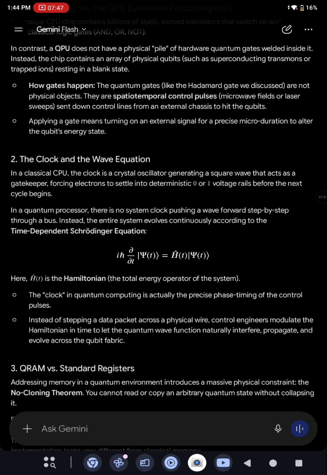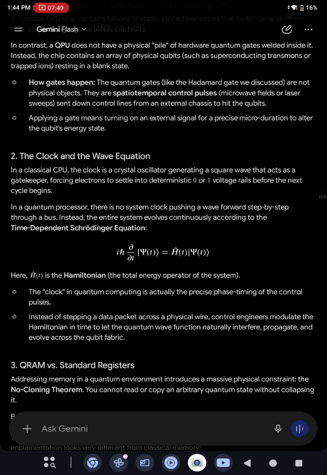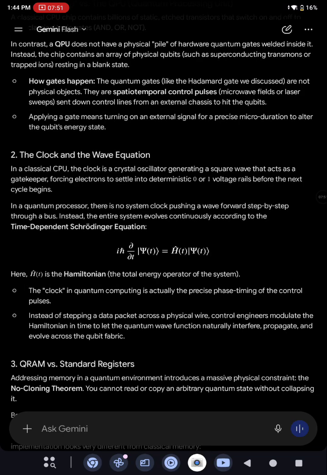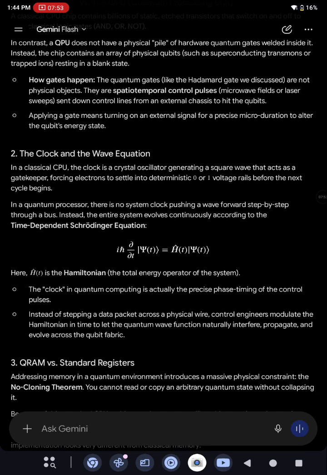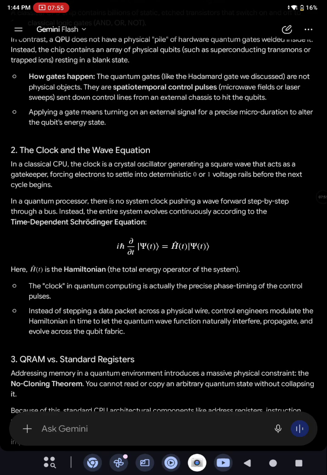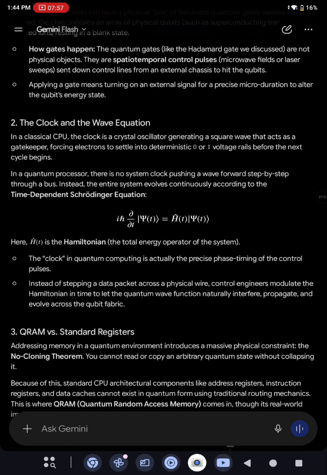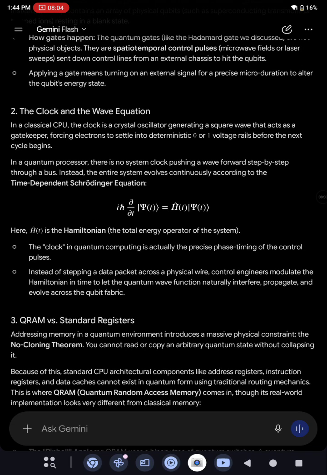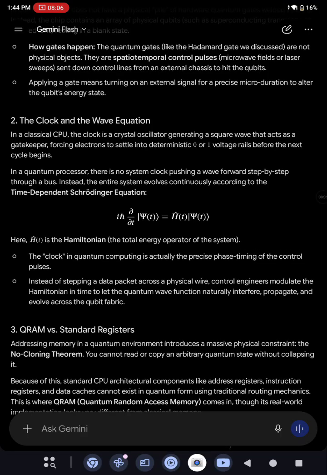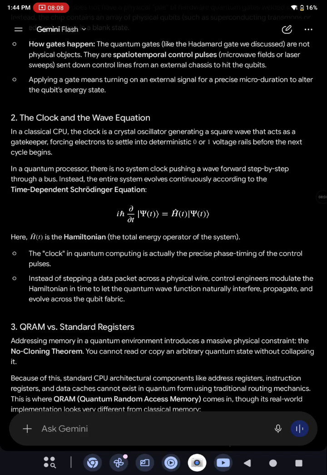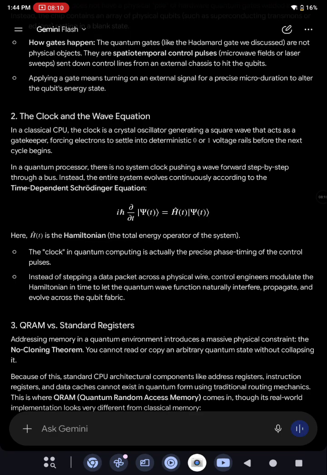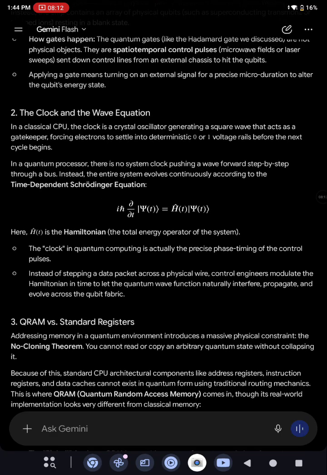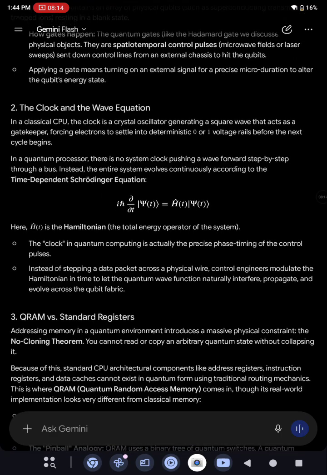Instead, the chip contains an array of physical qubits, such as superconducting transmons or trapped ions resting in a blank state. How gates happen: the quantum gates, like the Hadamard gate we discussed, are not physical objects. They are spatio-temporal control pulses, microwave fields, or laser sweeps sent down control lines from an external chassis to hit the qubits.